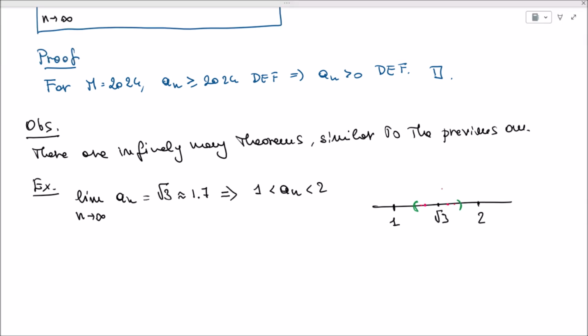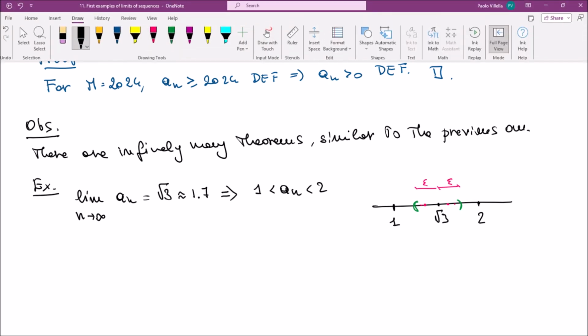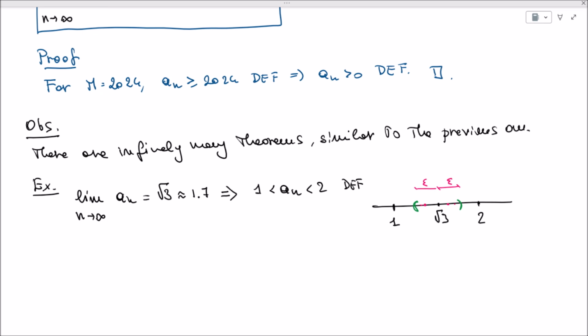So the important thing is just selecting a proper epsilon, but certainly we can say that this is going to be true definitively. So how can we prove this?